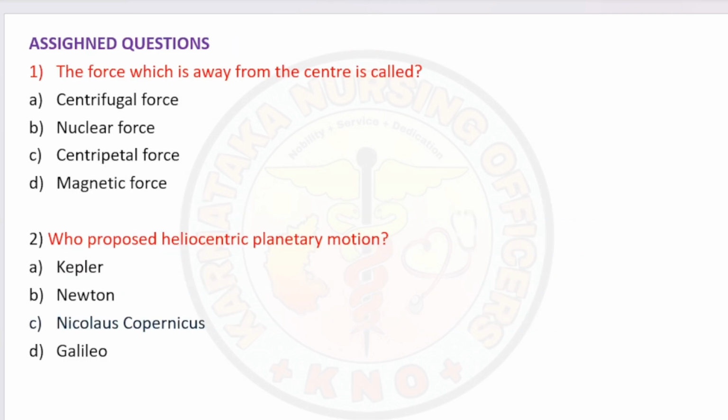So here I am giving some assignment questions. The first question is, the force which is away from the center is called, already we have discussed, right? It is centrifugal force. Second question, who proposed heliocentric planetary motion?